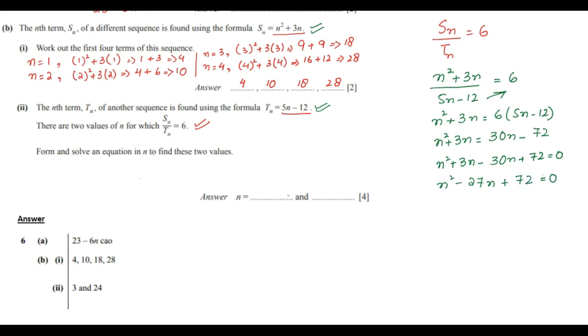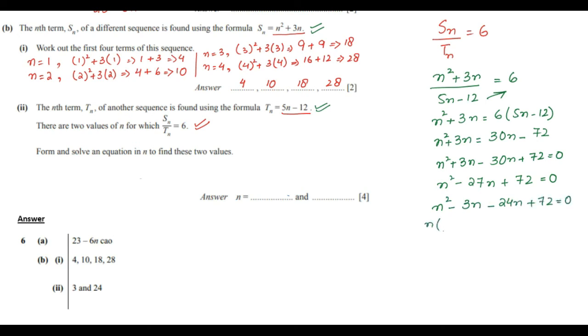Here we will break the middle term to find the two values of n. 24 multiplied by 3 is 72, and 24 plus 3 is equal to 27. So we will take the two factors as n square minus 3n minus 24n plus 72 is equal to 0.